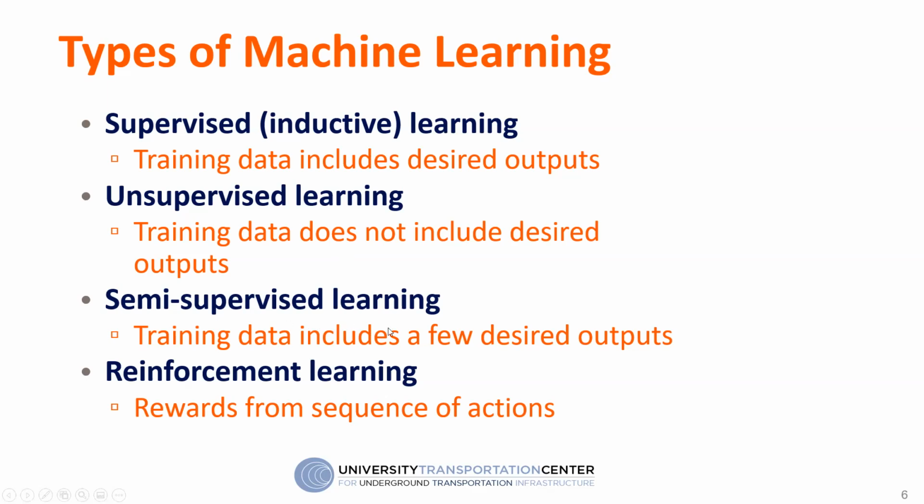We can have semi-supervised learning, where we only have a few desired outputs. And then we have reinforcement learning, which is an iterative process. We have a prediction and then see the difference between the prediction and the real data. If there's a significant difference, we go back, learn from that first iteration, and improve the machine learning iteratively until we have very good predictions.